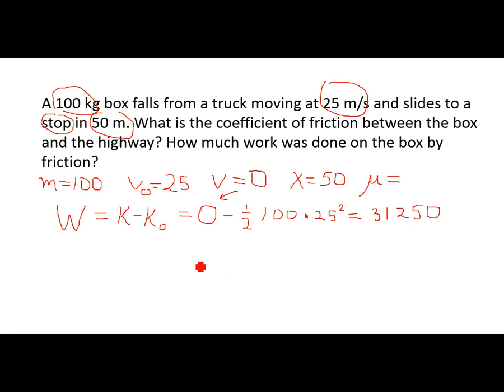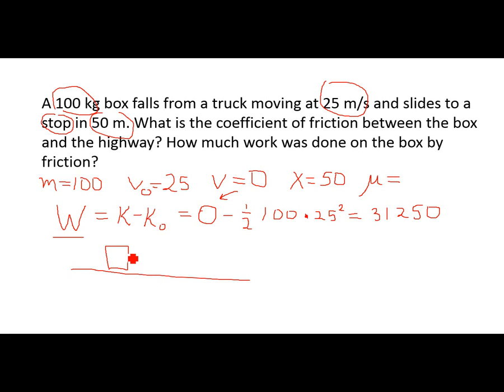So we found out how much work was done on the box by friction, or maybe I'm making an assumption there. When you think about the box, if you draw a picture of the box and the forces on the box, okay, so the box is on the surface. Pardon my lines, they're not quite perfect, are they?